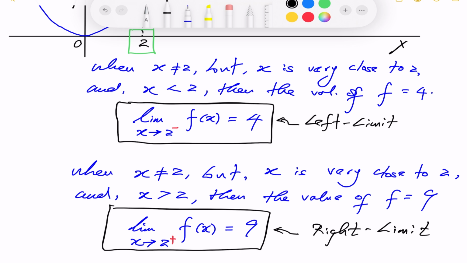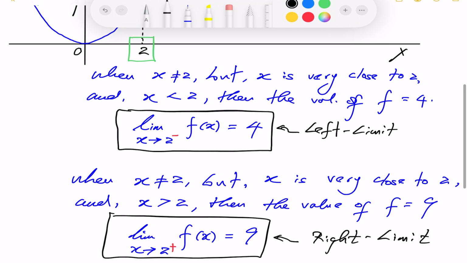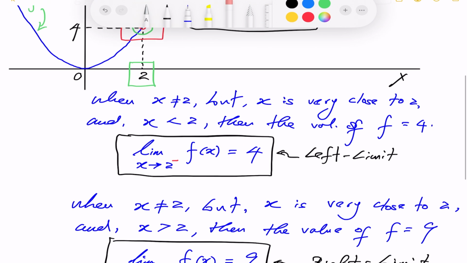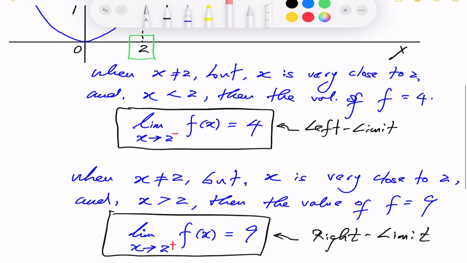All right, so that's how the limits are evaluated. Now please note, what is this value? That is the value of the function when x is equal to 2. That was equal to 6. That is not a limit. We have two limits calculated for this function. One is the calculated left hand limit right here, which was equal to 4.